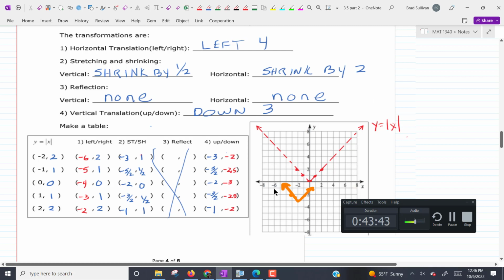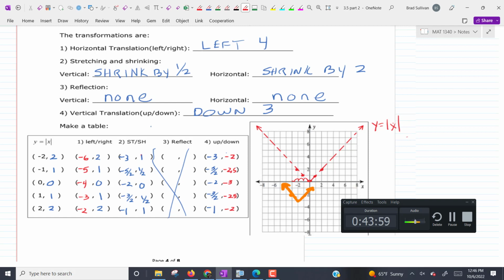And really what happened on this problem's pretty easy to see. If you look at the original function, you moved to the left 4, 1, 2, 3, 4, and then you went down 1, 2, 3 like that.